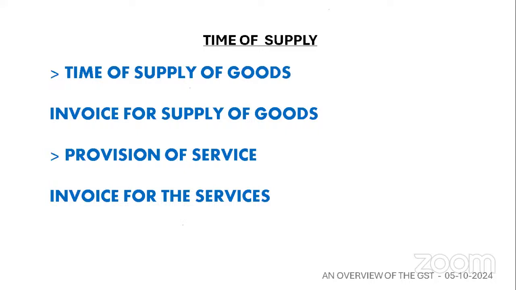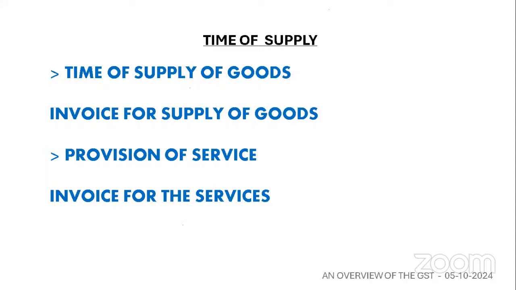Number one, the invoice rules say that the invoice in respect of goods shall be issued before the goods start movement. Therefore, if you are selling the goods and the goods have started movement, before that you have to raise the invoice. The moment you raise the invoice, it means that you have sold the goods, and that is the date when you will become liable to pay the taxes.